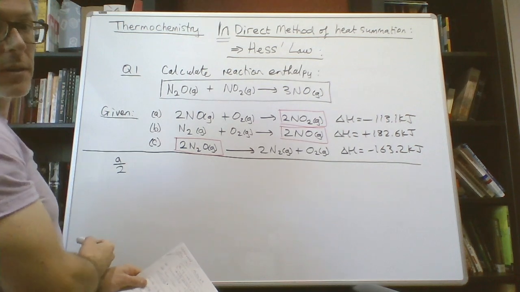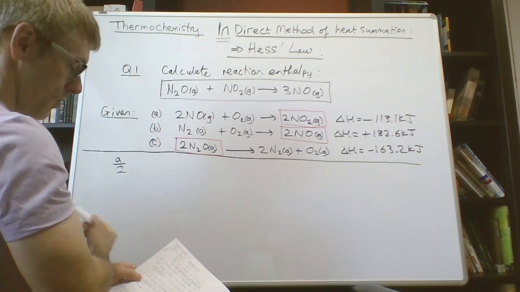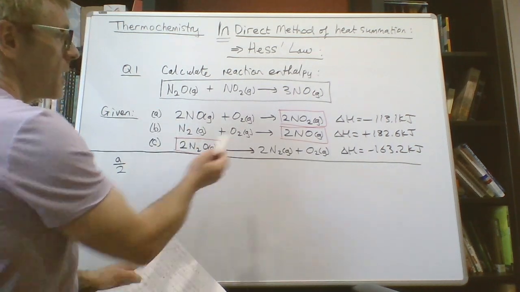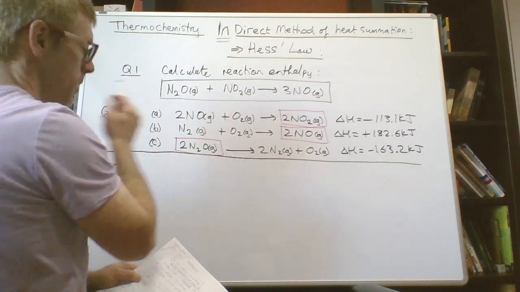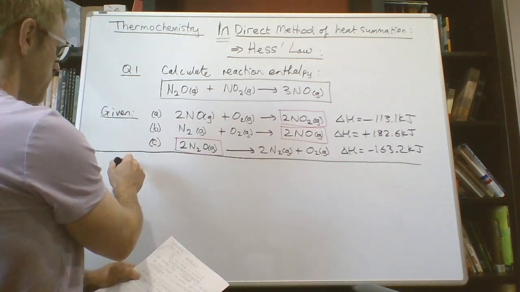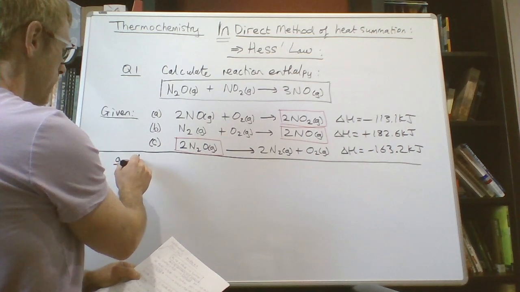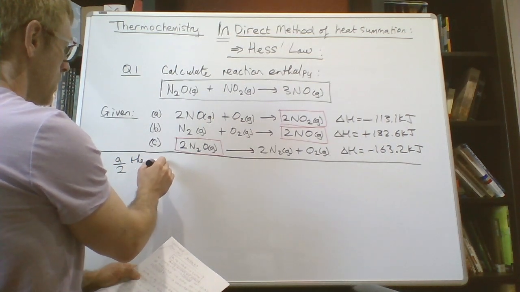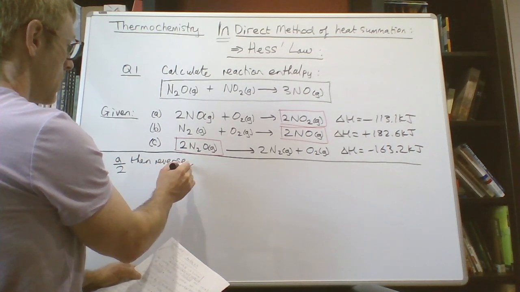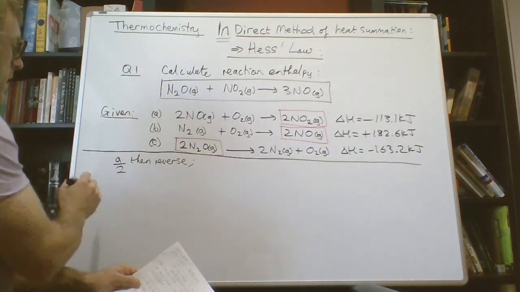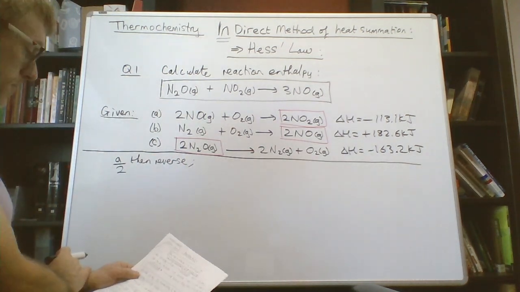So I need to divide by 2 to scale down. But I need NO2 as a reactant, not a product, so I need to reverse. So I'm going to take A, divide it by 2, and then reverse it.